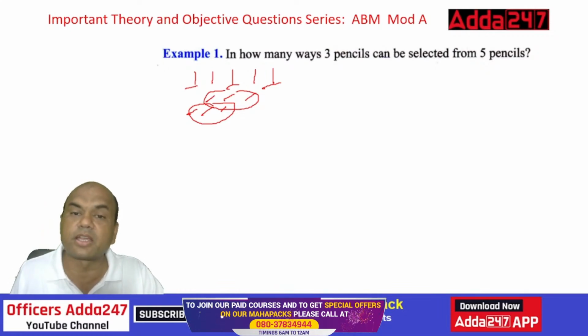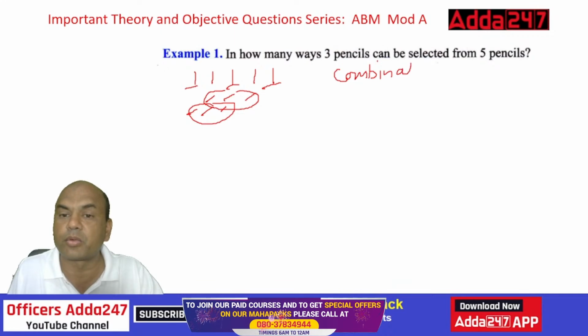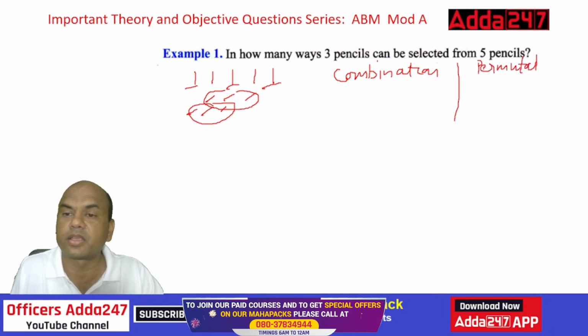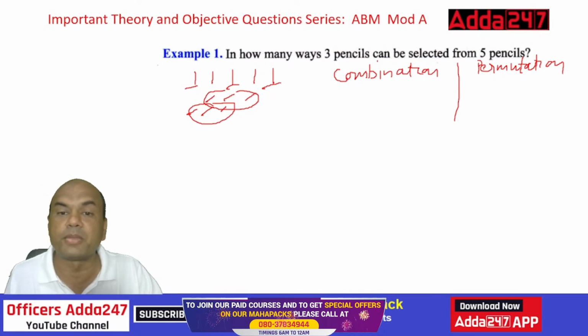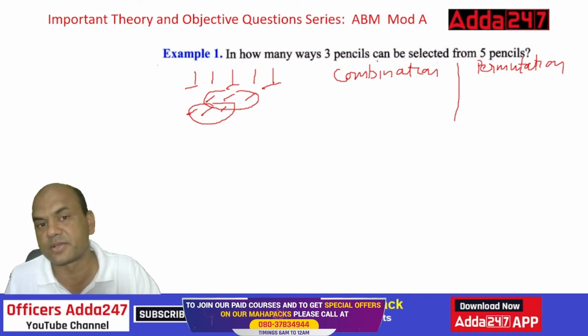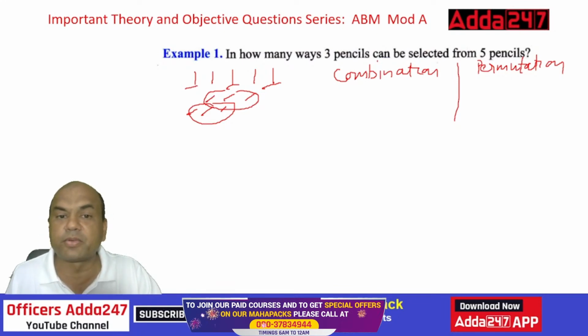So this you get through combinations. There are two things always in probability. One is permutation and second is combination. Now remember, in combination we are not concerned with the order of these pencils. Either this pencil will be first, or this will be first, or this. They can be anywhere.